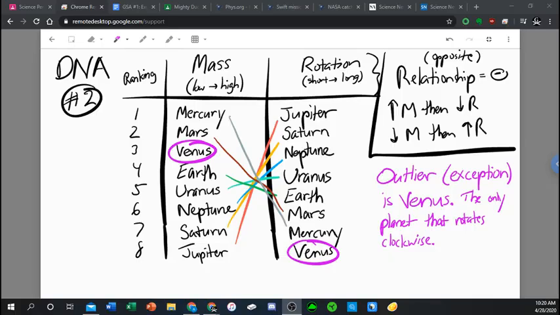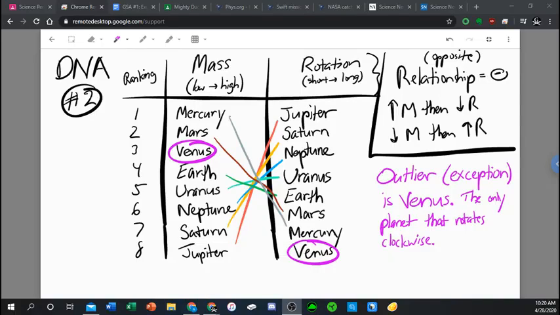Venus, besides any of the gas giants, has the thickest, largest atmosphere. And as it's rotating, the planet itself rotates against the atmosphere. It is going to cause drag, it's friction, and it's going to cause it to slow down, and eventually, that's the current theory, turn the wrong way.